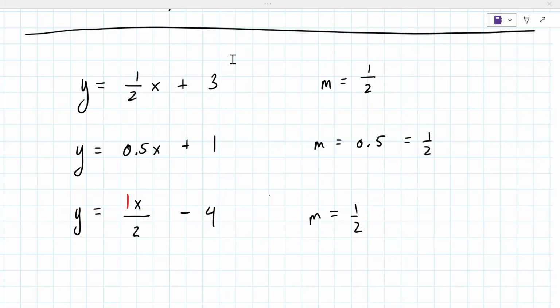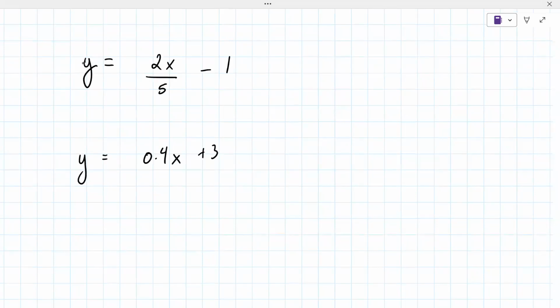Great. So now let's look at an example here. Let's say it's y equals 2x over 5 minus 1 and y equals 0.4x plus 3.